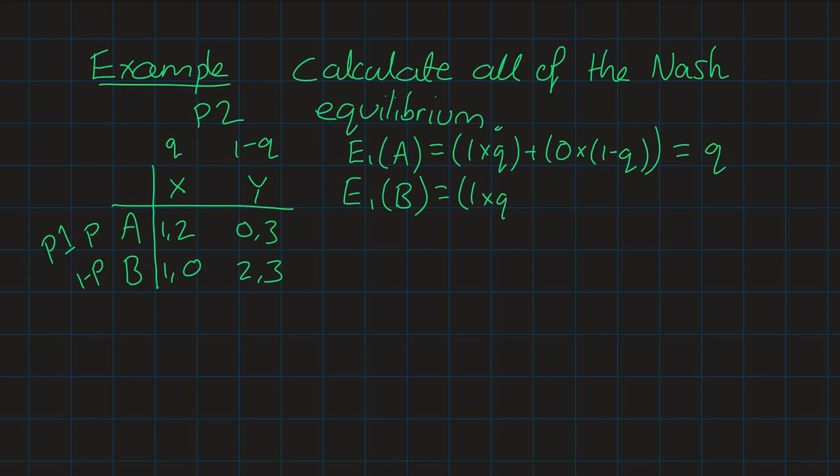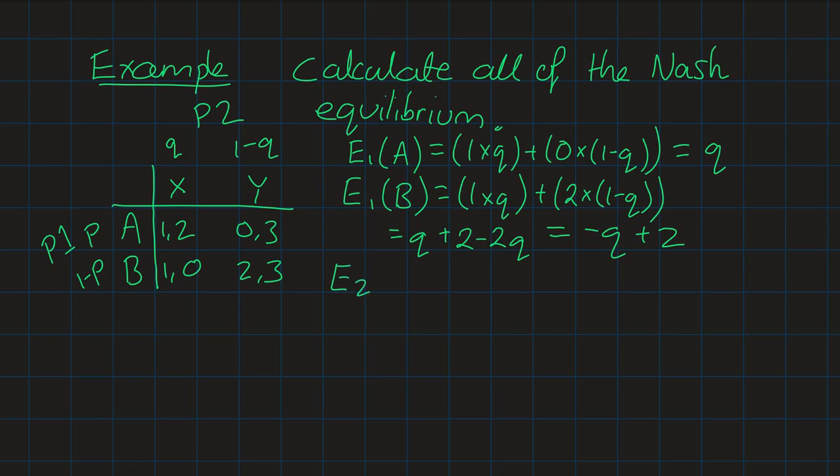So that's 1 times Q plus 2 times 1 minus Q. If I simplify this out, this is Q plus 2 minus 2Q, which is minus Q plus 2.